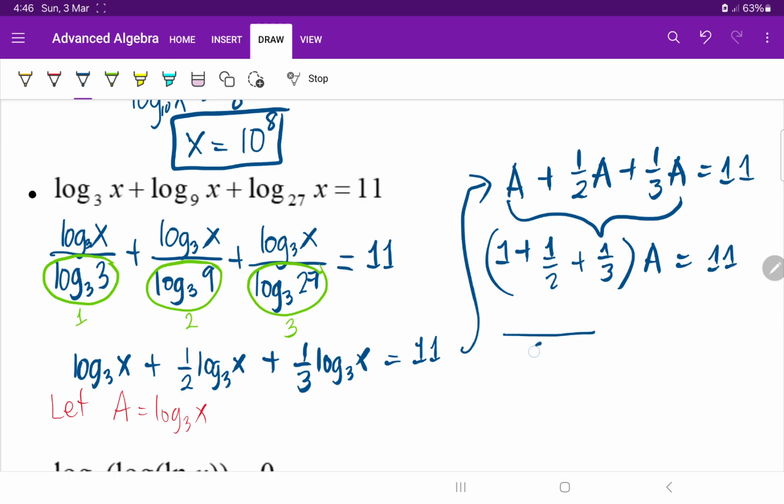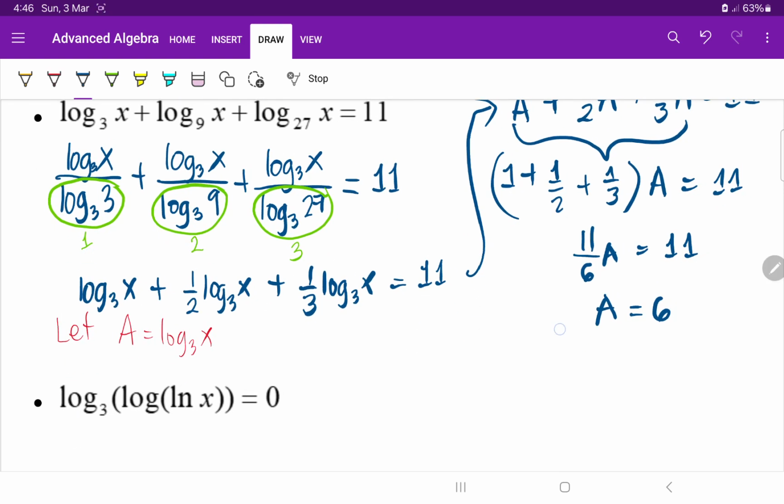So common nila is 6. So this is 6 plus 3 plus 2. So this is 11 over 6. So 11/6 a is equal to 11. Therefore, a is equal to 6. Okay? But again, we don't want a, we want x. So recall that we let a equal log base 3 of x. So this becomes now log base 3 of x is equal to 6. Therefore, x is 3 raised to 6.